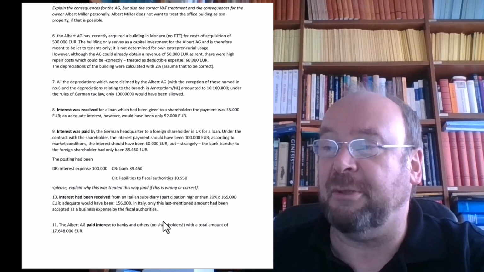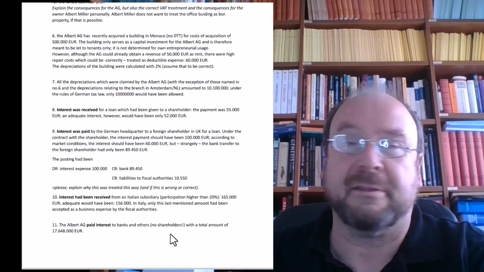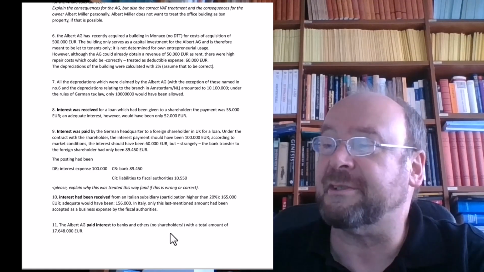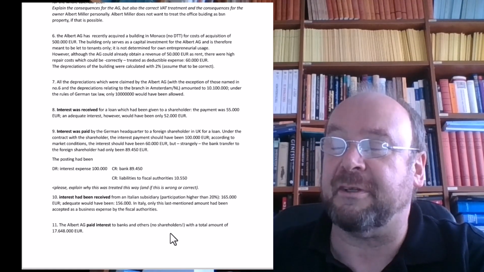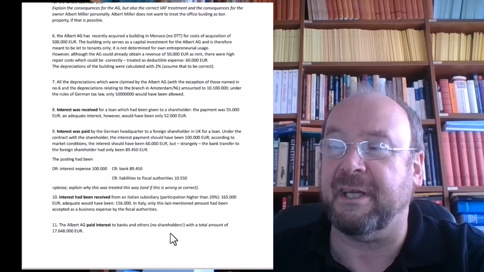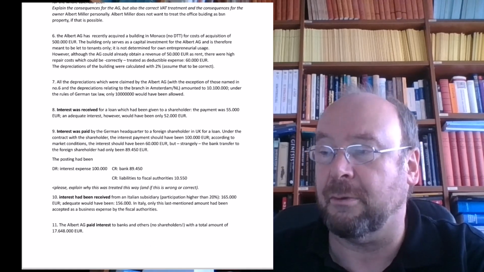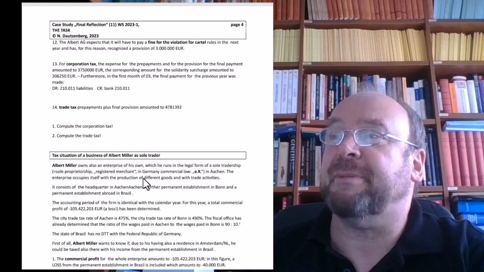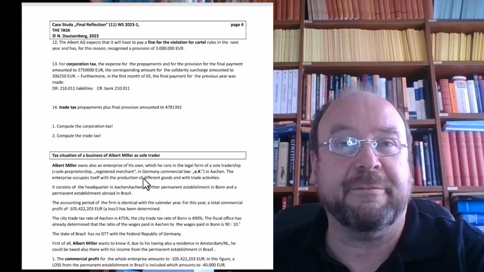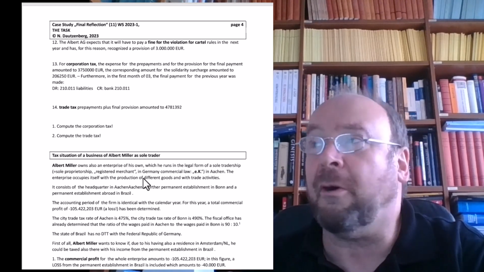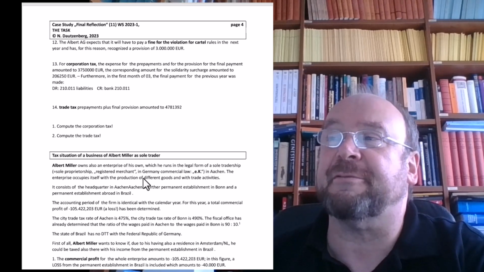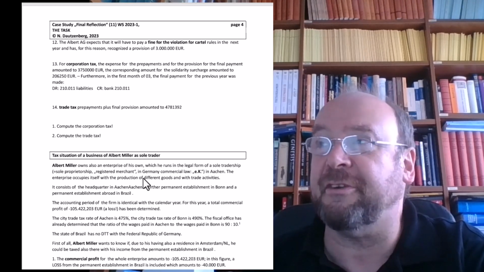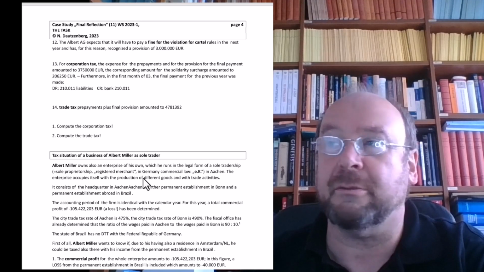The Albert AG paid interest to banks and others, in that case no shareholders, with a total amount of 17,648,000 euro. And last but not least, the Albert AG expects that it will have to pay a fine for the violation of cartel law in the next year and has for this reason recognized the provision of 3 million euro.